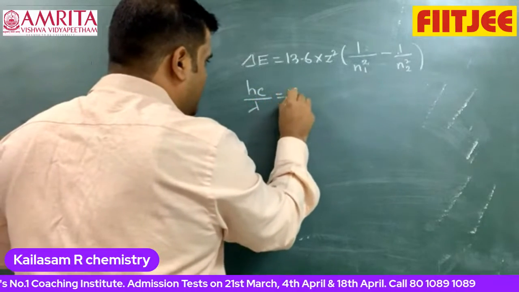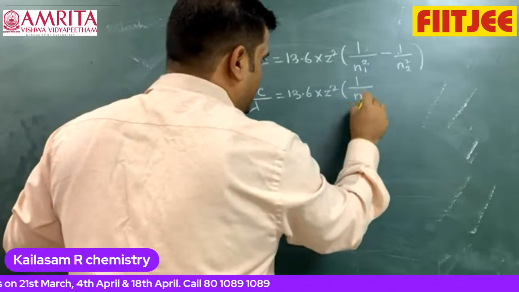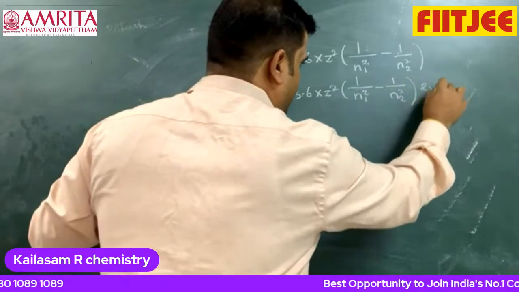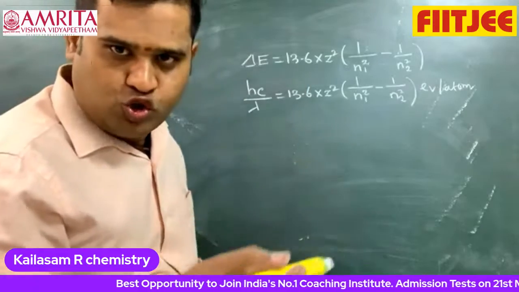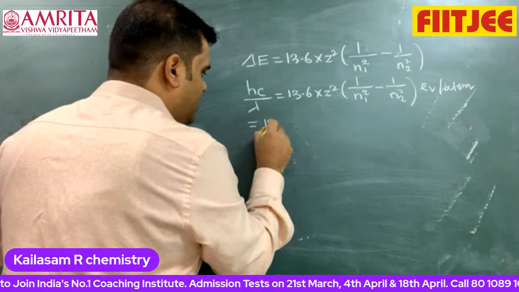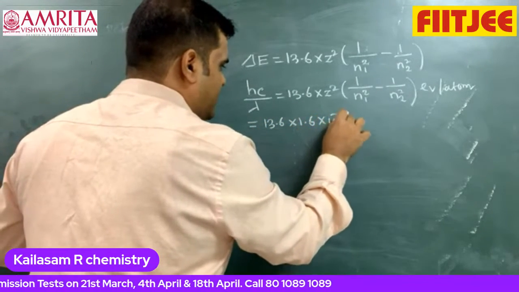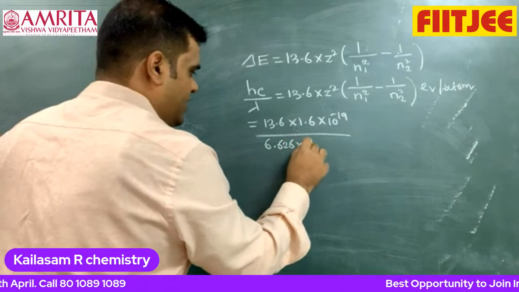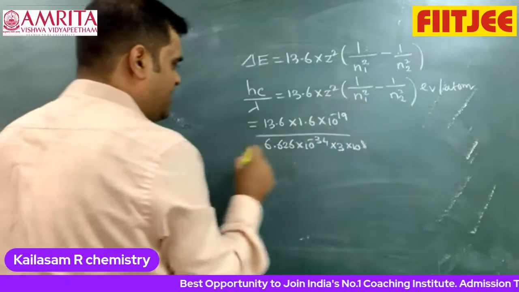I'm writing 13.6 Z squared times (1 by n1 squared minus 1 by n2 squared) in terms of electron volt per atom. Now I want to convert electron volt to joules, so multiply by the charge of the electron: 13.6 into 1.6 into 10 power minus 19, divided by 6.626 into 10 power minus 34, into 3 into 10 power 8, the velocity of light.